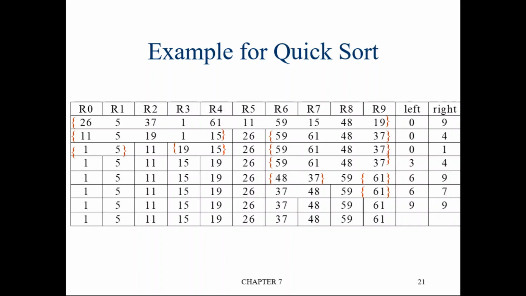Before discussing the actual example, let me first try to explain the overall concept. Given a list of elements, say for example, something like this. The list contains some set of elements.